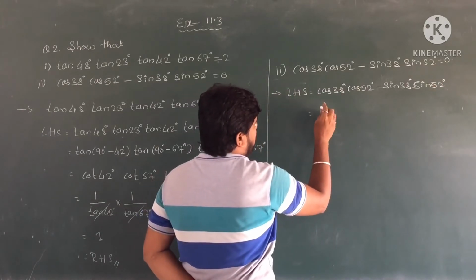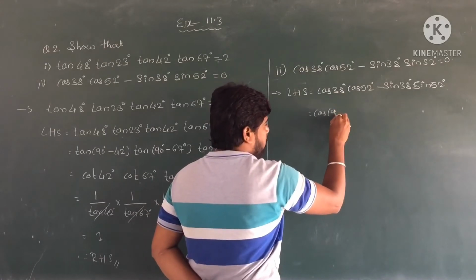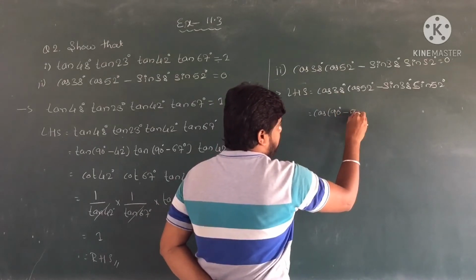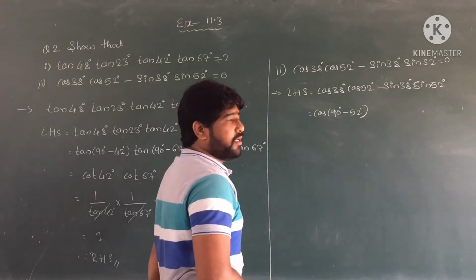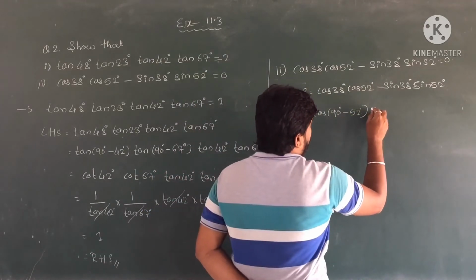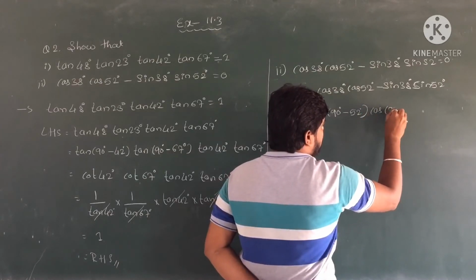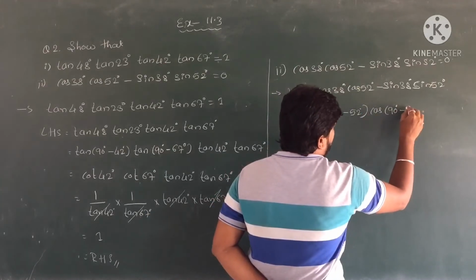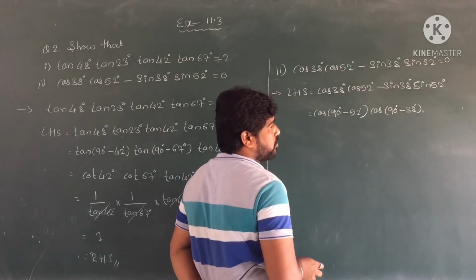Right? So here cos 38 we can write as cos(90 minus 52). 90 minus 52 is 38, right? And here also cos 52 we can write as cos(90 minus 38). 90 minus 38 is 52.